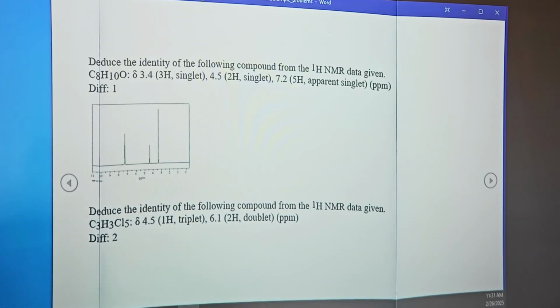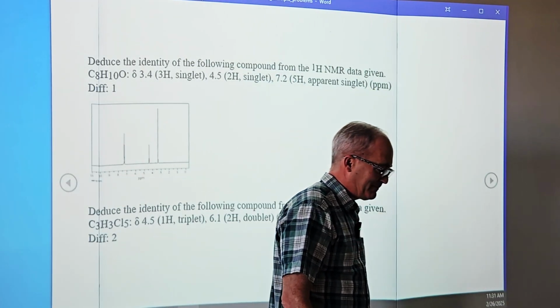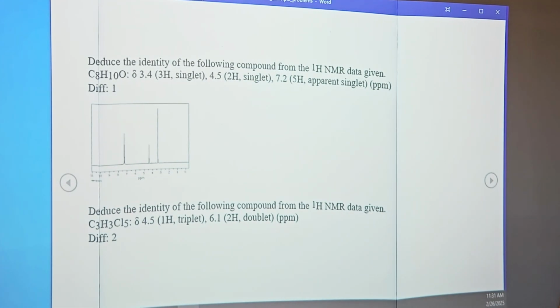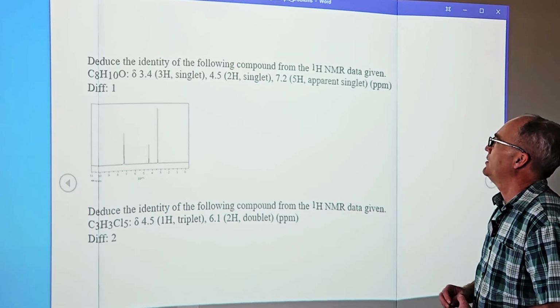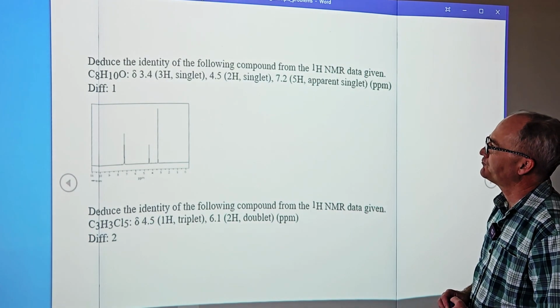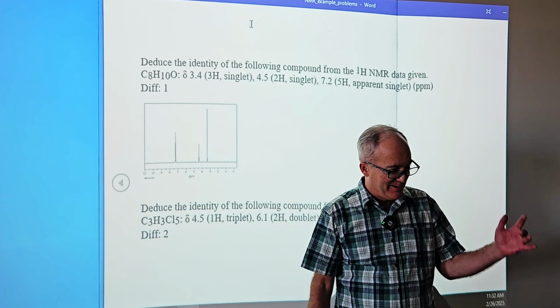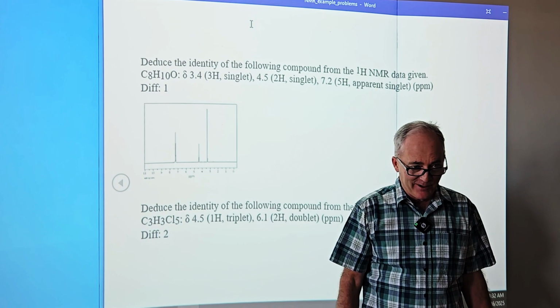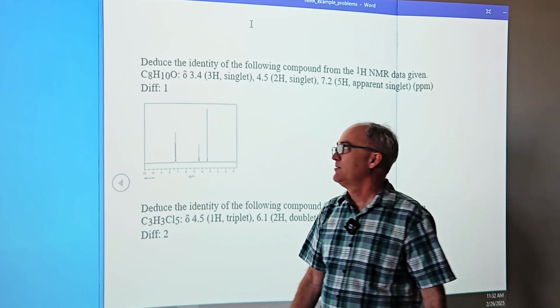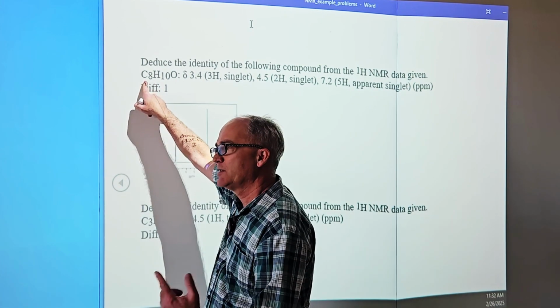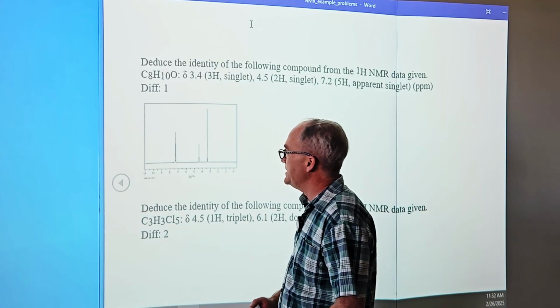Really wish I would have printed out a paper copy and used the camera. Deduce the identity of the following compound from the proton NMR data given. I hate looking at that crack. So what's the first thing I do when I see a formula of a compound? Yeah, I go 8 times 2 is 16 plus 2 more is 18.